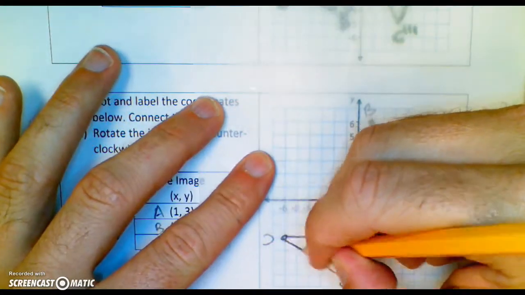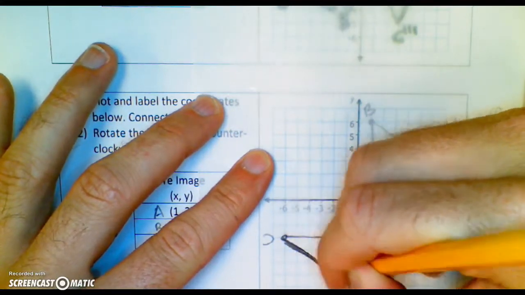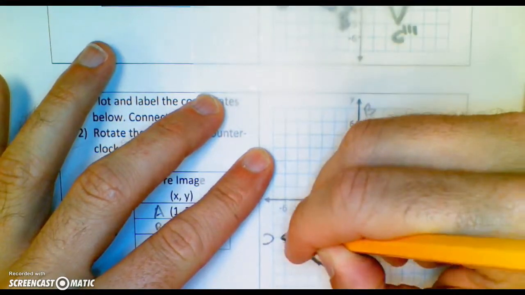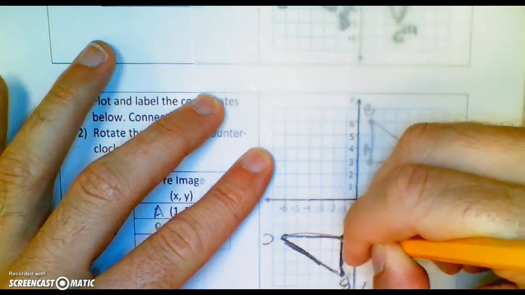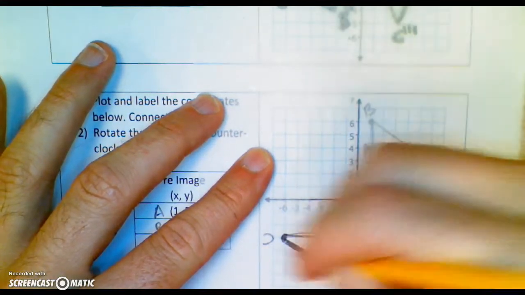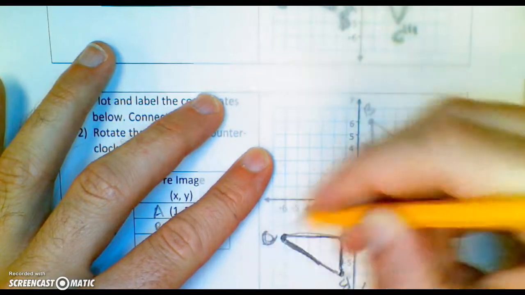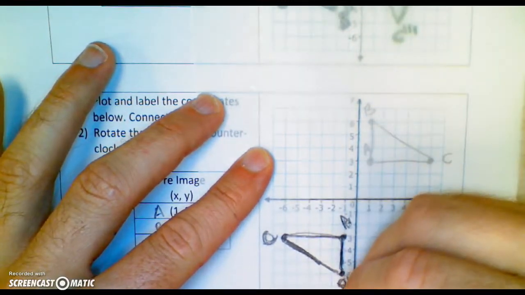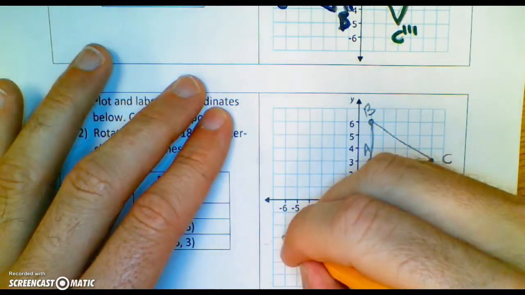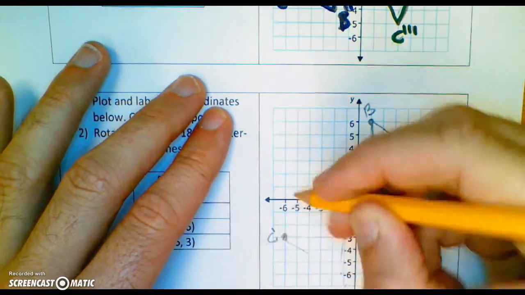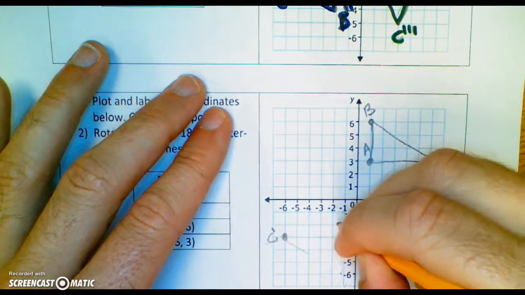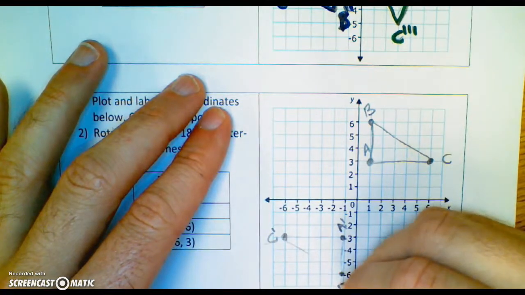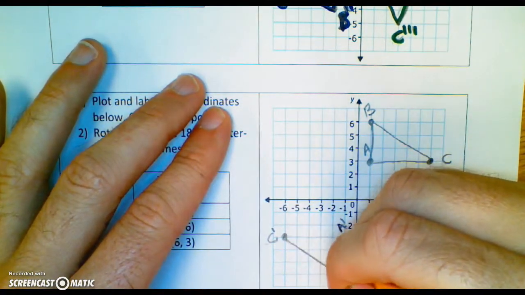Press hard. Label your points. This was C, A, B, and then hopefully, yep, there's enough there that I can see. C, A prime, B prime. Connect my dots.